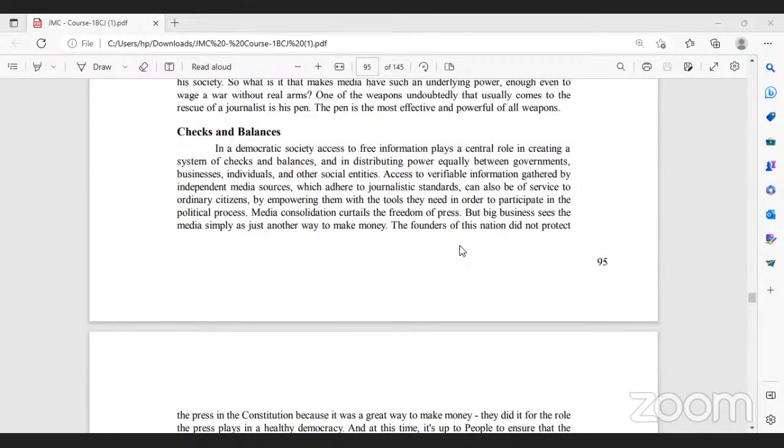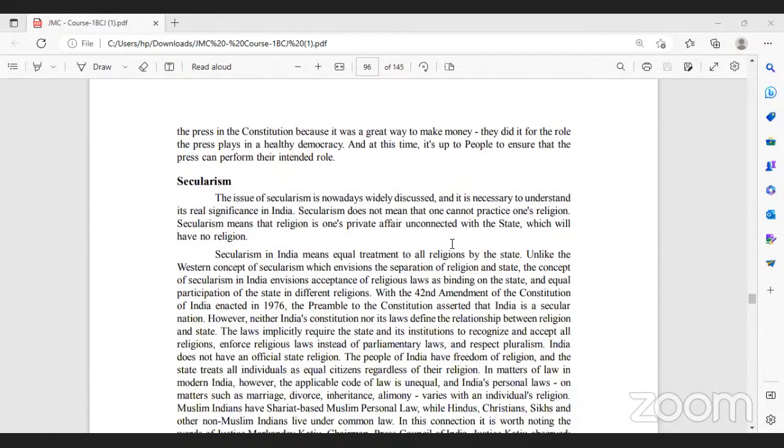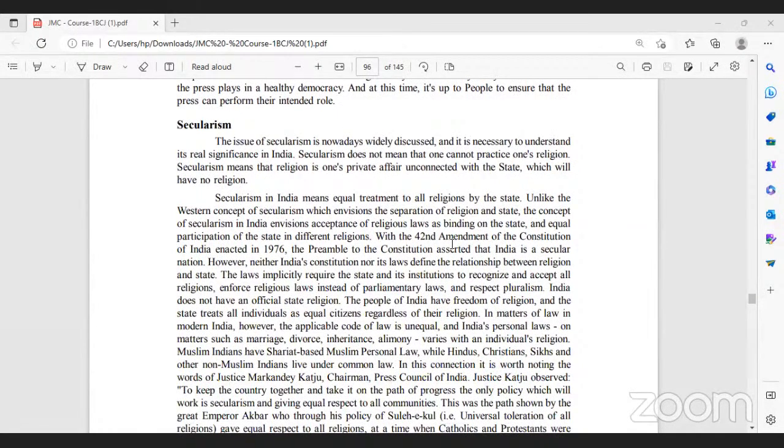Being analytic is one thing, criticizing is another, but when you are part of journalism, you have to keep certain checks and balances so that it gives a healthy democracy.